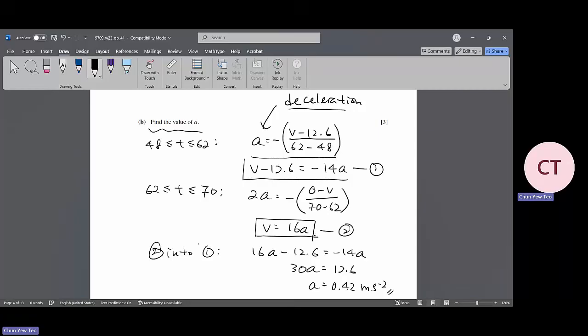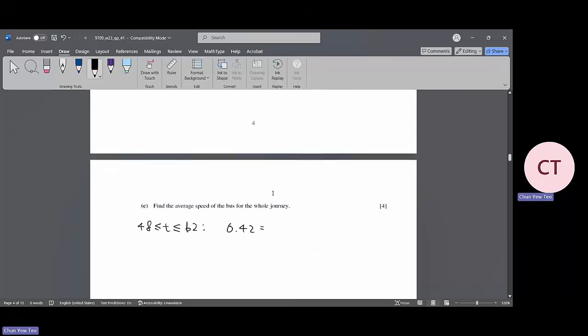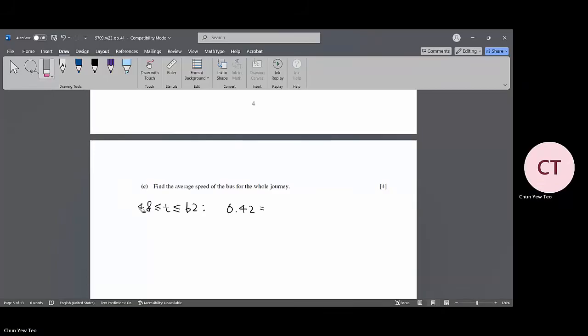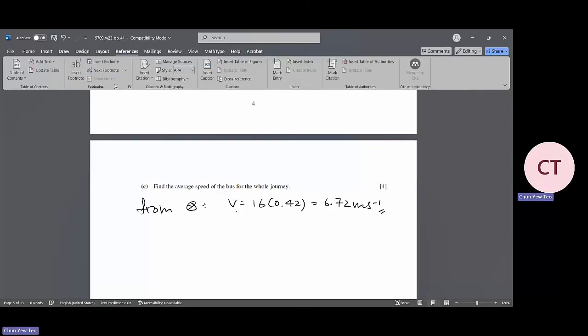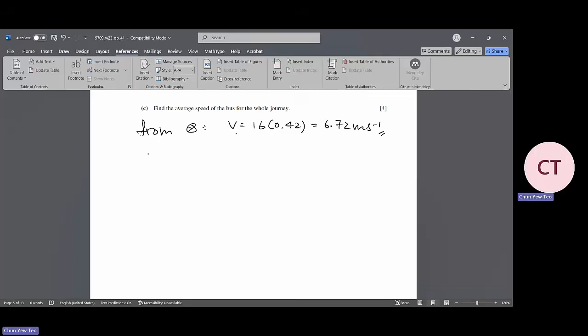From equation number 2, V is equal to 16A. Calculate it, 16A will give you V is 6.72 meters per second. So with the V here, now we are ready to find the total distance.